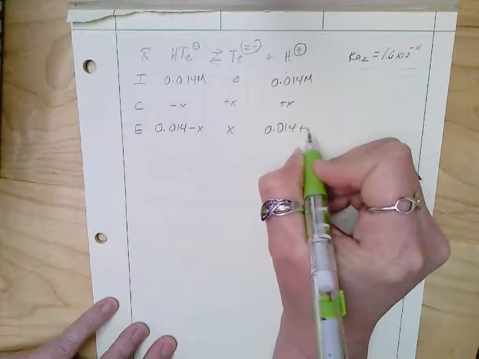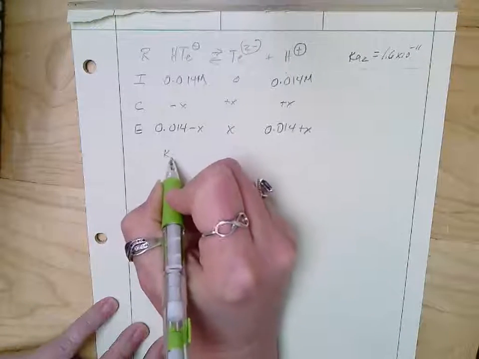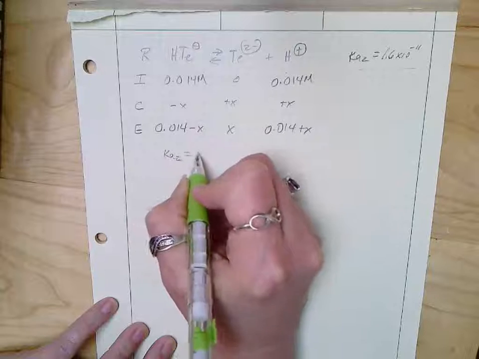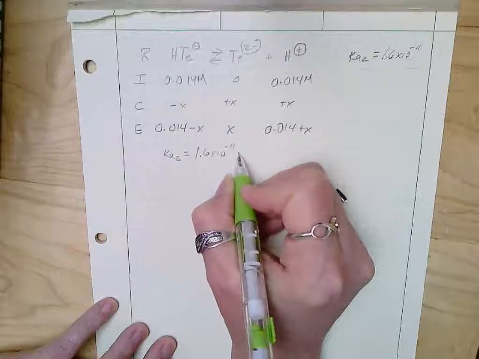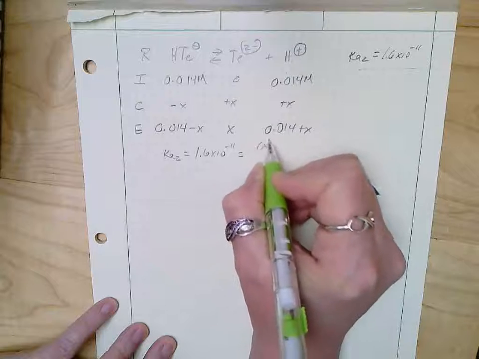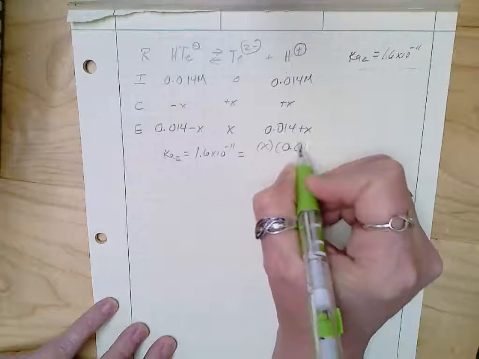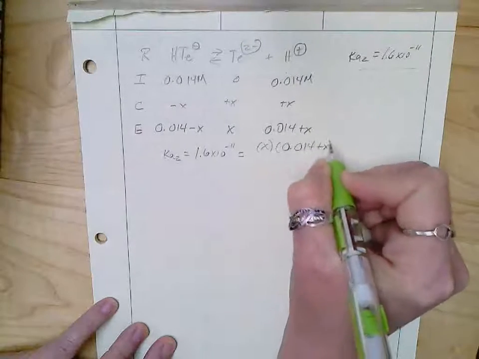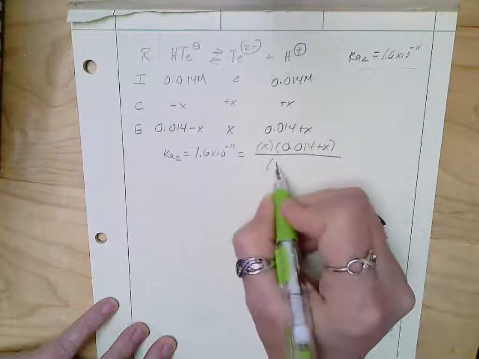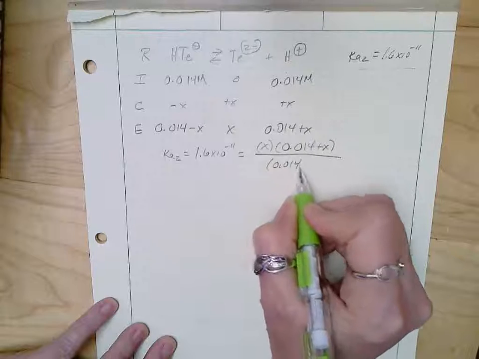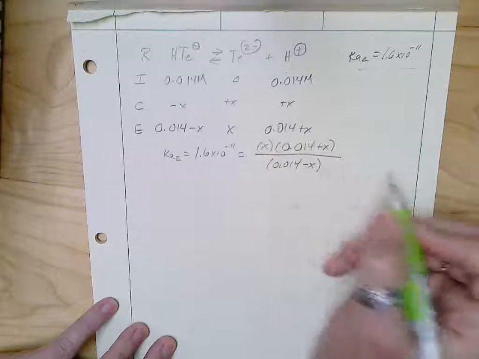0.014 plus x. So my Ka2 is going to equal 1.6 times 10 to the negative 11th equals x times 0.014 plus x divided by 0.014 minus x.